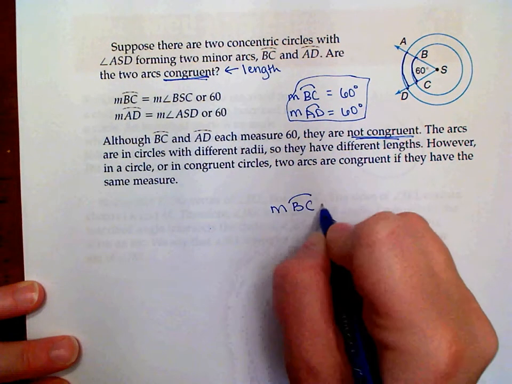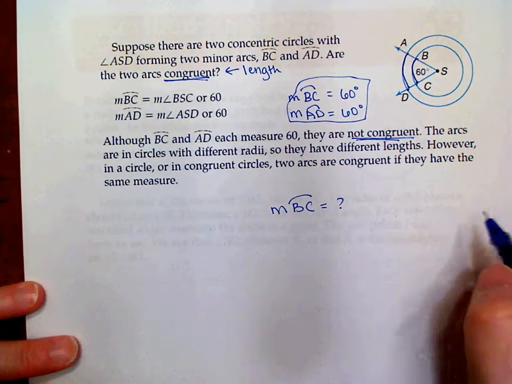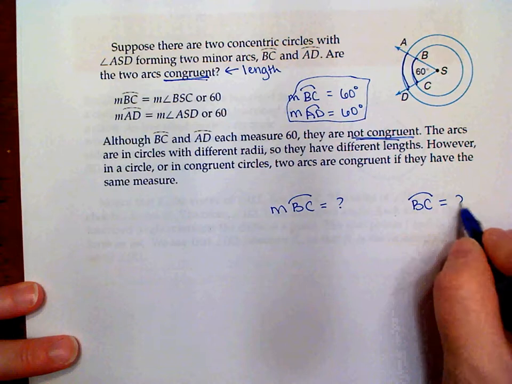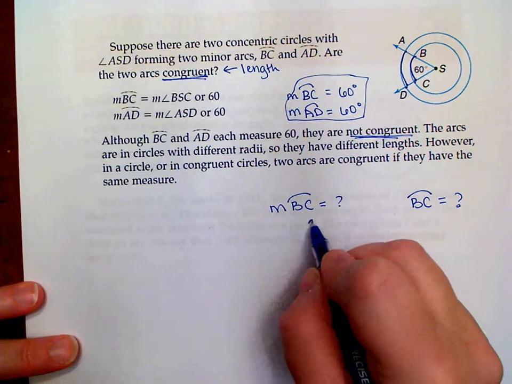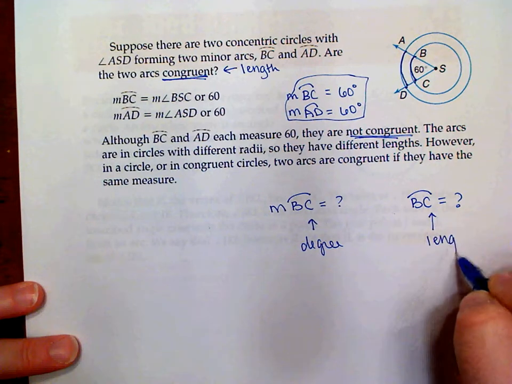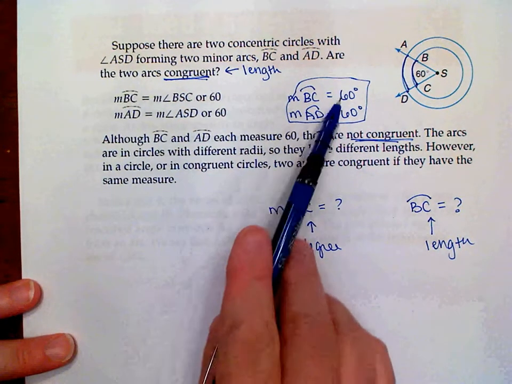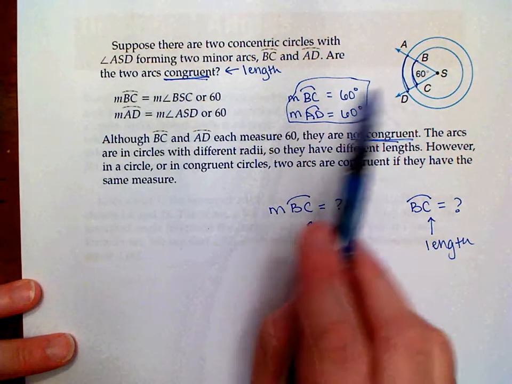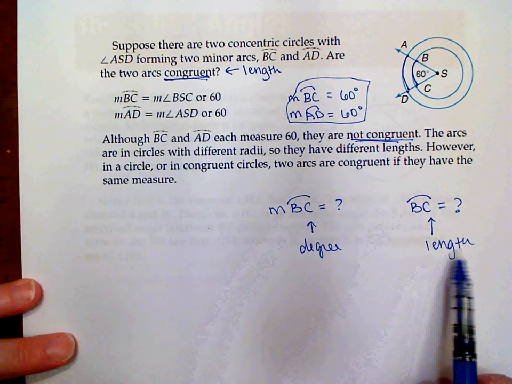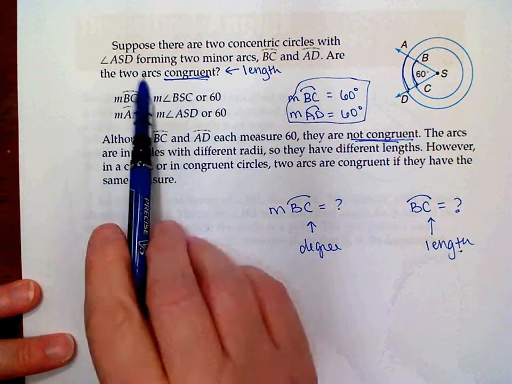If it's asking you for the length, it's just going to say arc BC is equal to what? So this means degree, this means length. Arcs can have the same degree measure and not be the same length. So no, they're not congruent, even though they have the same degree measure.